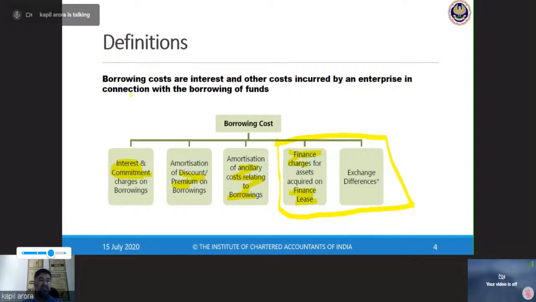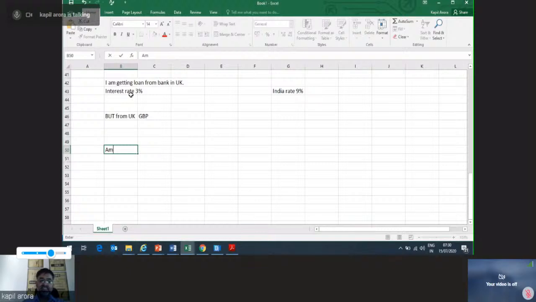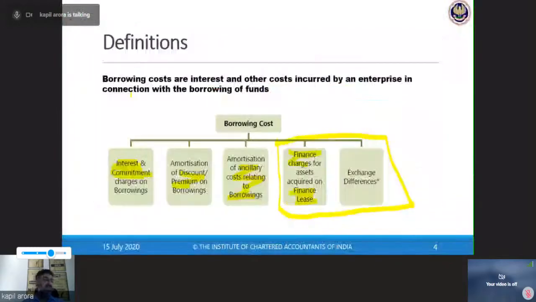So Muhammad Ali, amortization basically means allocation of amount over the period. Whatever cost is there, if the bank has charged you processing fees of, let's say, 1.5 lakh, and the loan is for 3 years, then 1.5 lakh is not the cost for year 1 because I have taken the loan for 3 years.